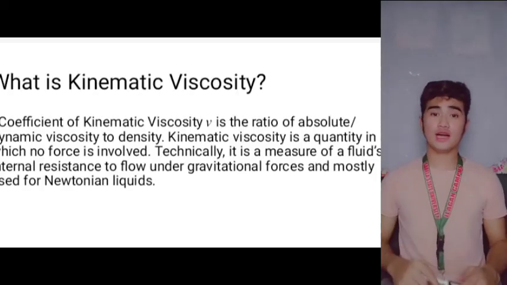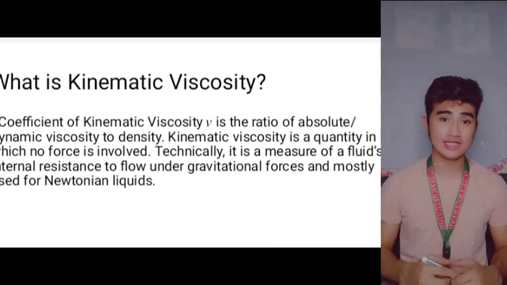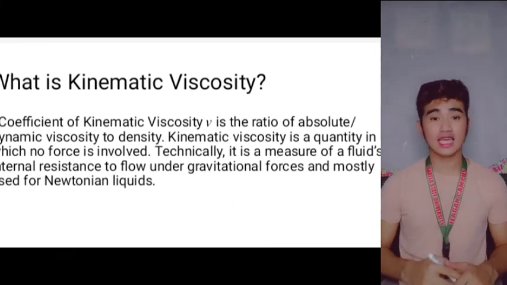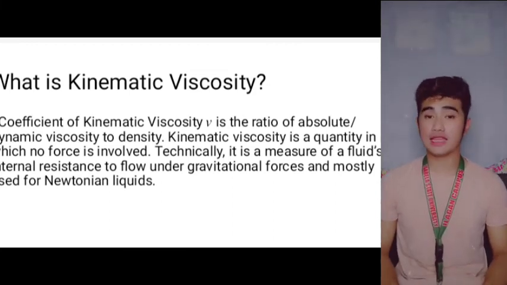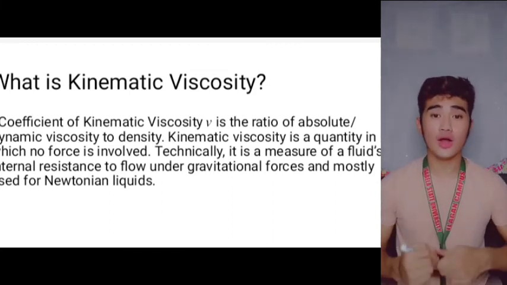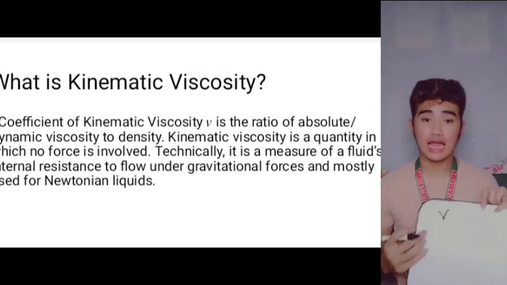So hi everyone, I'm Ariel Dela Cruz, and for today's lesson, another type of viscosity ang ating i-discuss. Ito nga ay ang kinematic viscosity. So we denote kinematic viscosity as nu, or para lang siyang yung cursive na letter V, and it should look like this.